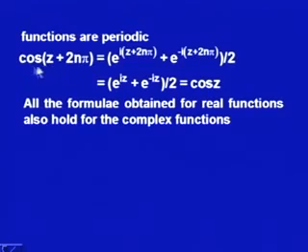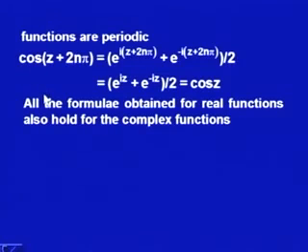You can check it. cos(z + 2nπ) is equal to (e^(i(z+2nπ)) + e^(-i(z+2nπ)))/2, and since exponential functions are periodic, this part is written simply as e^(iz) and this part as e^(-iz), and this gives me cos z. So cos(z + 2nπ) gives me cos z. This proves that cos z is a periodic function.